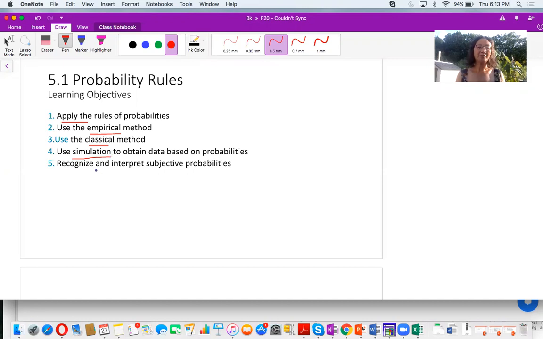Finally, you will recognize and interpret subjective probability. Plus, I will also talk about the addition rule for probability, and complement events and complement probability, okay?